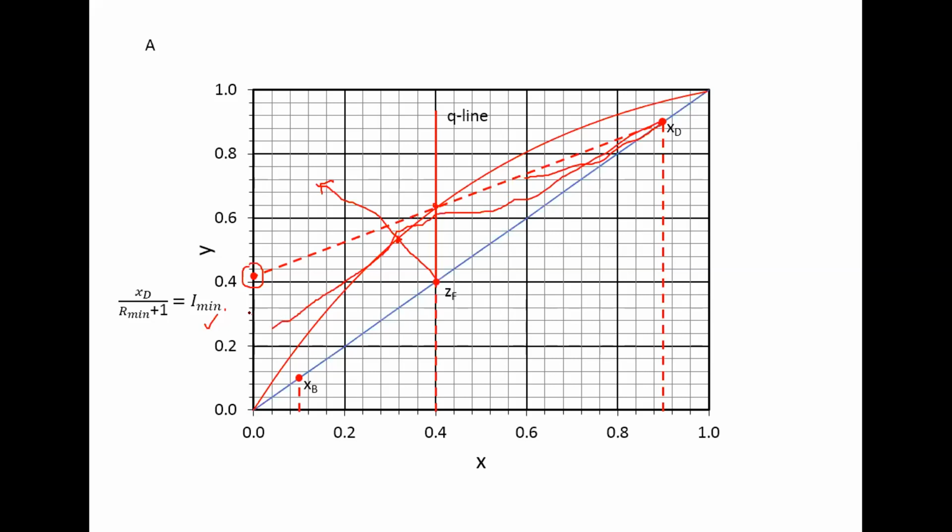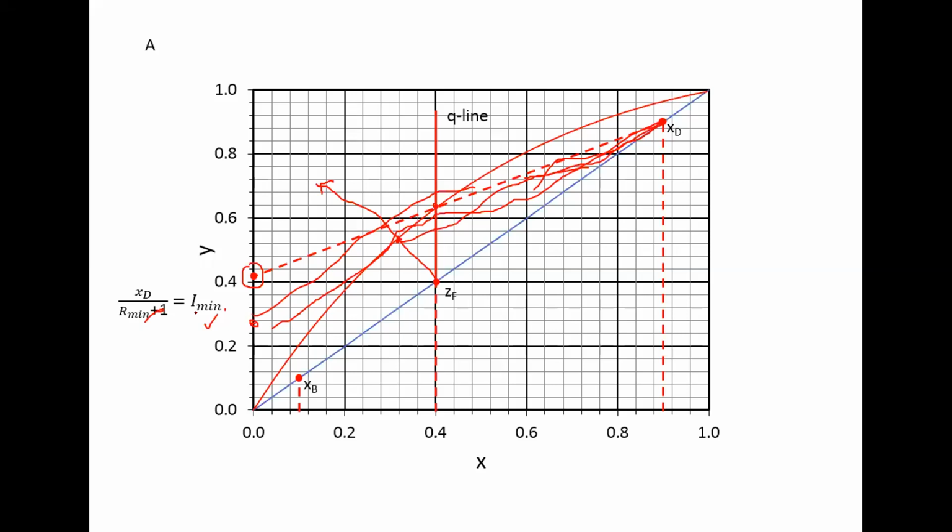I'm not good at drawing lines. Okay, okay. Yeah, you got the point, right? Then you just draw the line straight through to that point. And this will become your intercept minimum, or the reflux minimum can be calculated from it.